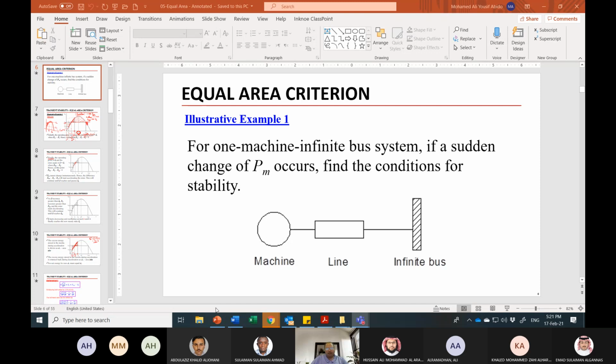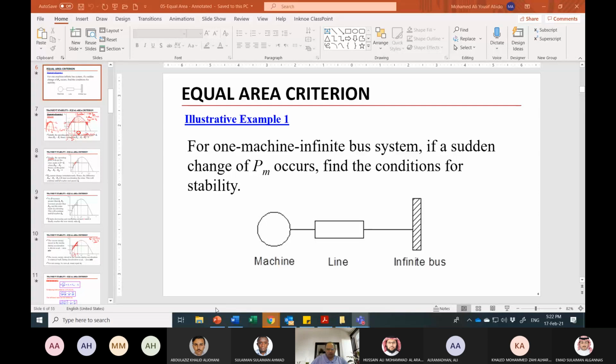When we have a disturbance and an unbalance between P mechanical and P electrical, the synchronous generator experiences acceleration and deceleration. The idea here is that the stability condition holds if the acceleration area equals the deceleration area.